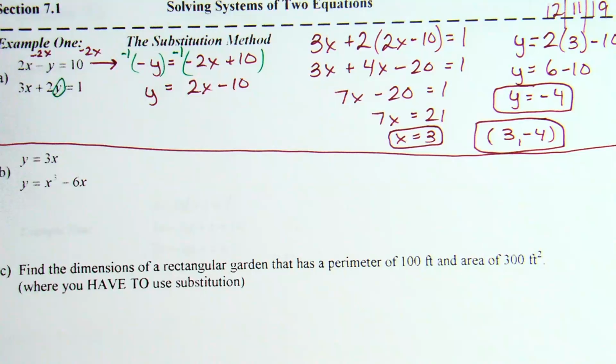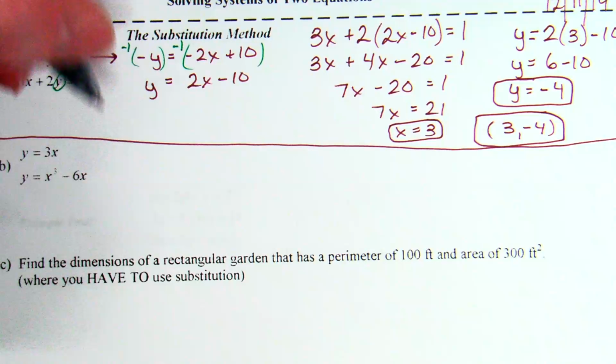Or the idea of thinking, I don't know which way you want to think about it, but every place you see a y, you're going to replace it with 3x. Or you can think the other way around. So my equation, do you mind if I flip-flop? x cubed minus 6x equals 3x.